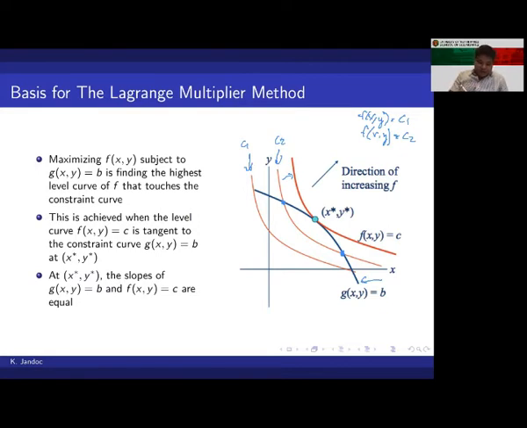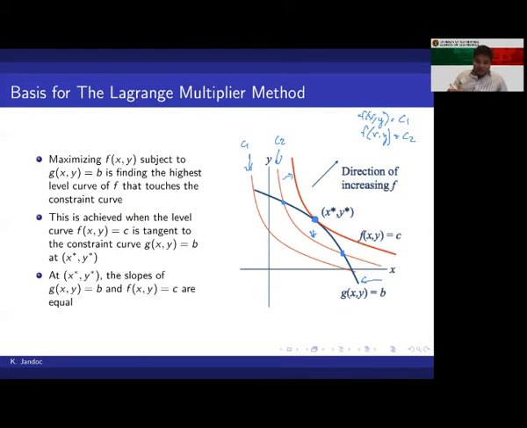So in this case, this thick red level curve is higher than this thin level curve over here, and at x star y star, this bundle is on the constraint, and therefore it's feasible.